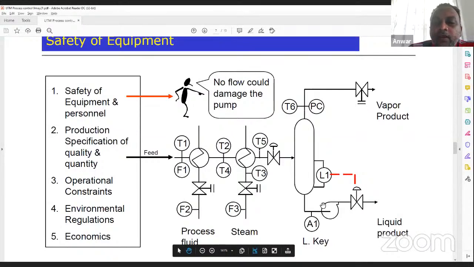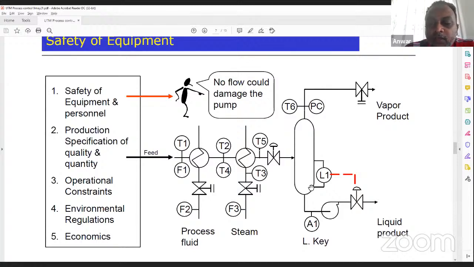Therefore, you can release more product. But whenever the level reduces to a certain lower threshold, the pump system can be throttled down, reducing the speed and pumping rate.